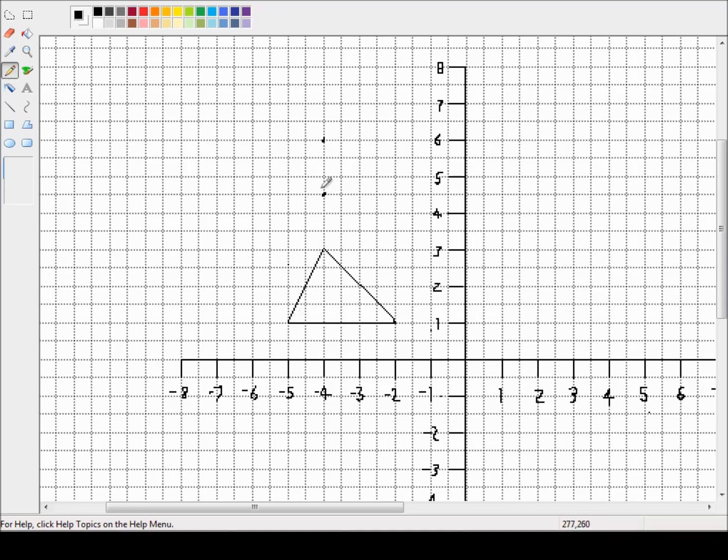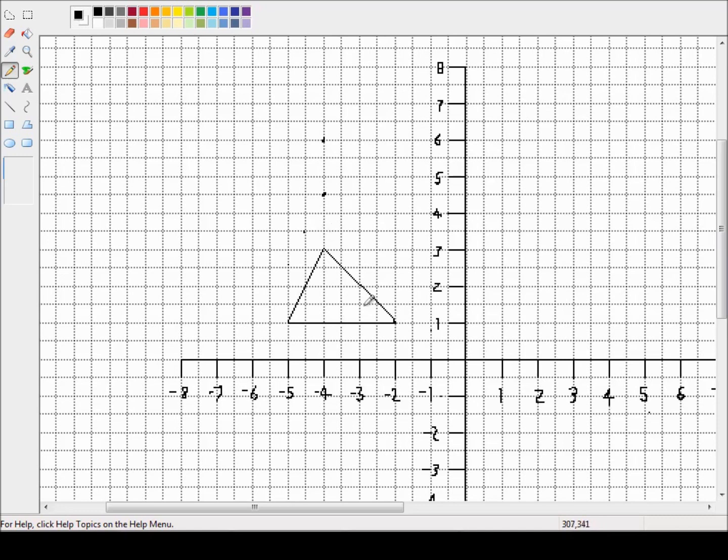Now this vertex here is 10 squares down and 2 squares to the left. So I want to go 5 squares down and 1 square to the left. So that's 1, 2, 3, 4, 5 and 1. So that vertex will be here.